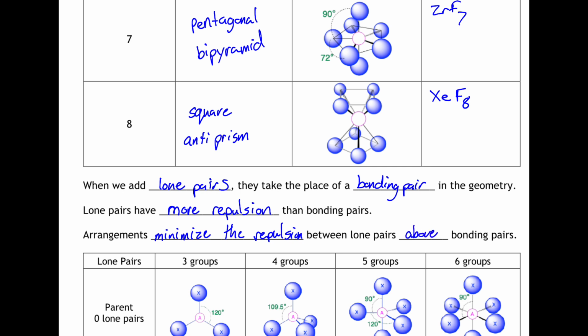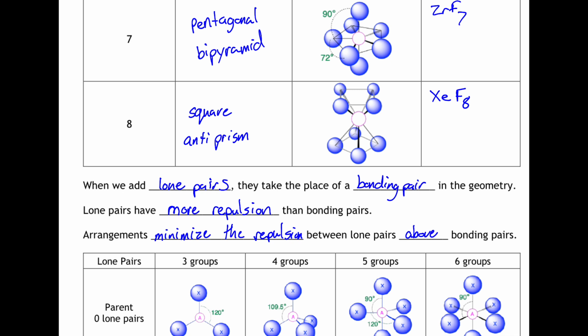So basically, two lone pair chunks want to stay further away than bonding chunks. So when we're picking where to go with the bonding and the lone pairs, where should they go? You want to keep the lone pairs as far apart as you can. That's generally the goal.